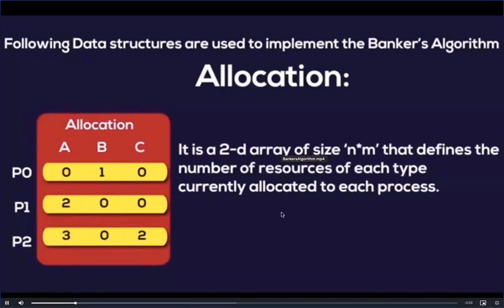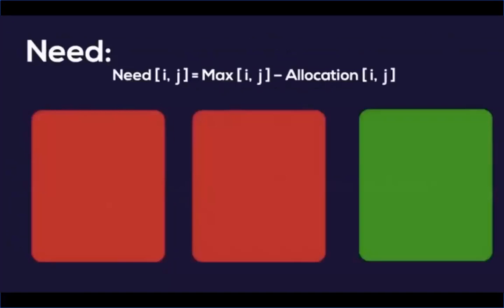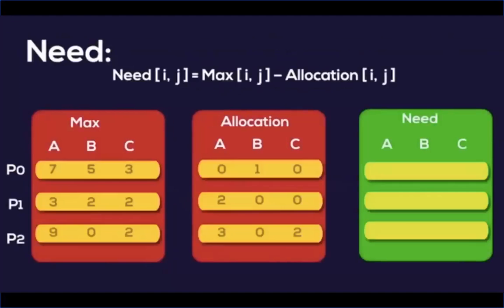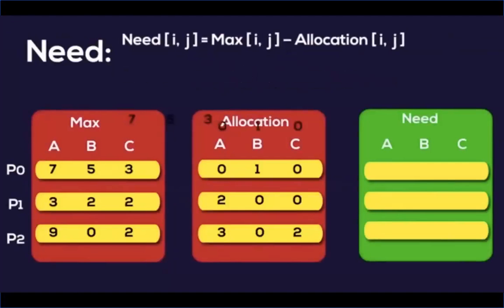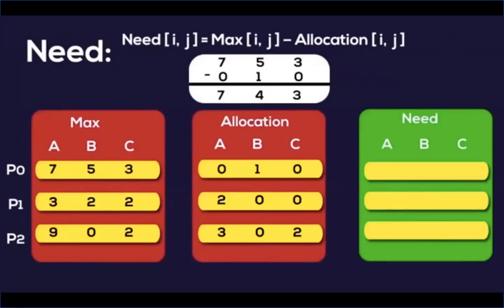This is the allocation. This is the current allocation of resources A, B, C for processes P0, P1, P2. Need matrix will be simply calculated by doing subtraction. So 7, 5, 3 minus 0, 1, 0 for process 1, 2, and third process.